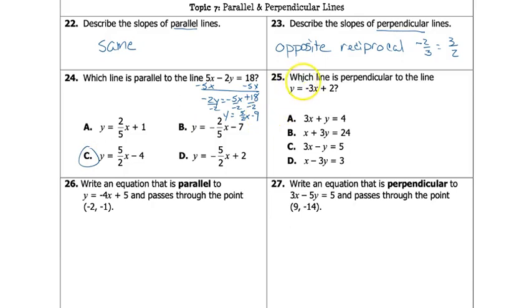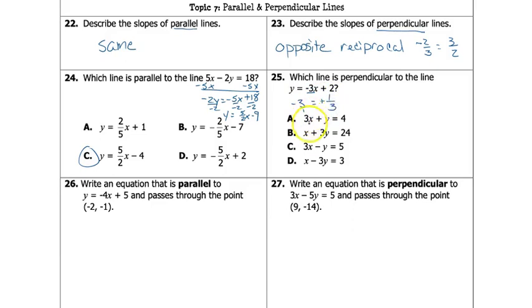Now, 25. Which line is perpendicular to the line y equals negative 3x plus 2? Perpendicular needs opposite reciprocals. So if my slope is negative 3 in the given equation, I'm looking for a slope of, well, that would be like 3 over 1, right? Negative, I want the positive version, and I'd flip it into 1/3.